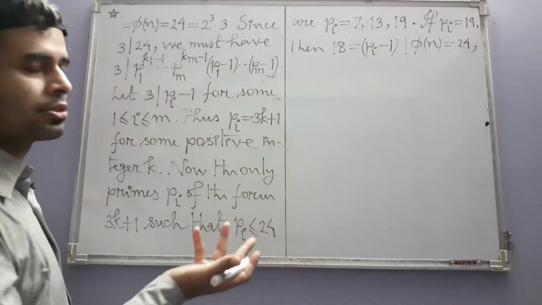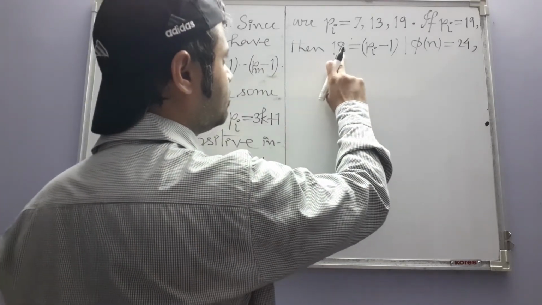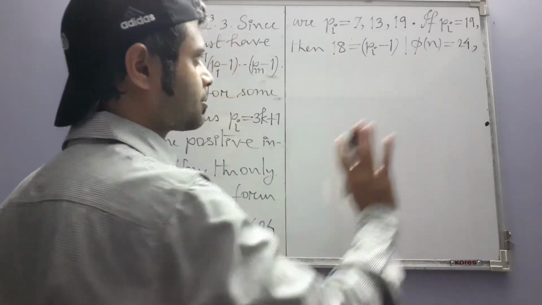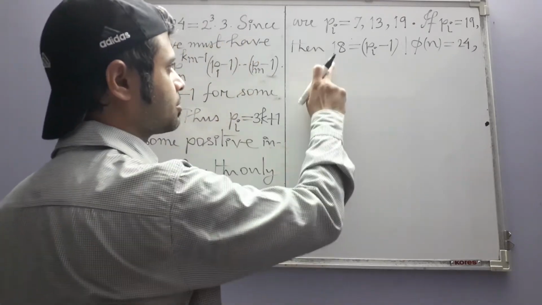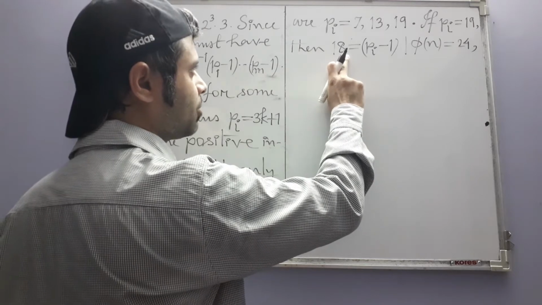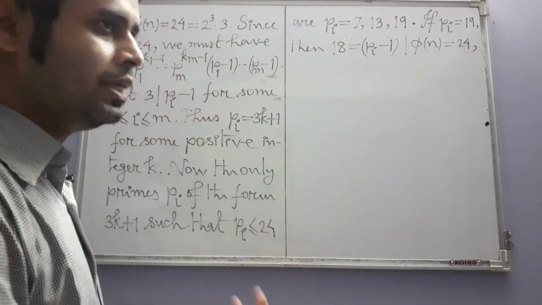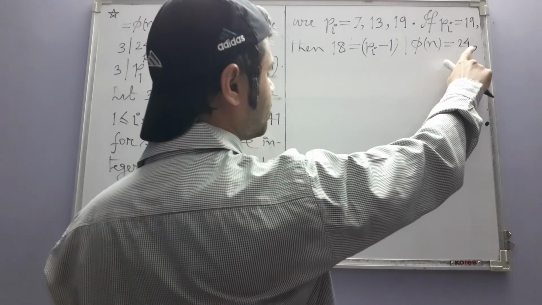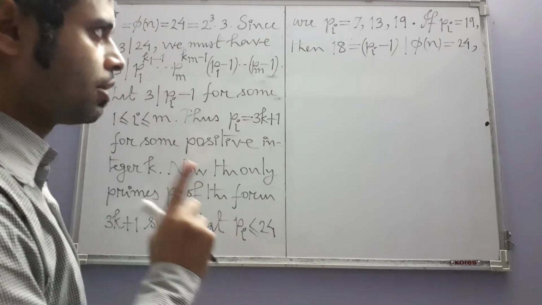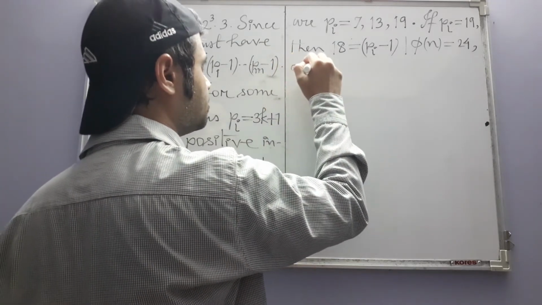And that is not possible, of course. Why? Because 9 divides 18, but 9 does not divide 24. You can view it that way also. In the prime factorization of 18, there are two threes, 3 square is there. However, in the prime factorization of 24, there is only 1 3. A contradiction.